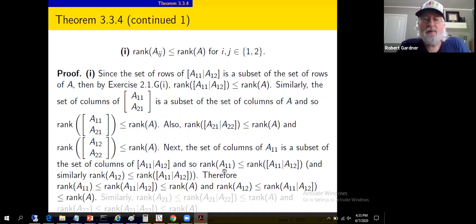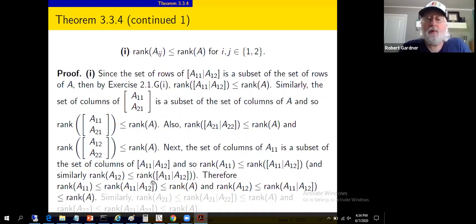We're trying to show, say, rank of A11 is less than or equal to the rank of A. Rank of A11 is less than or equal to the rank of this partition, and the rank of this partition is less than or equal to the rank of A. So the rank of A11 is less than or equal to the rank of A. So paste this together with that.